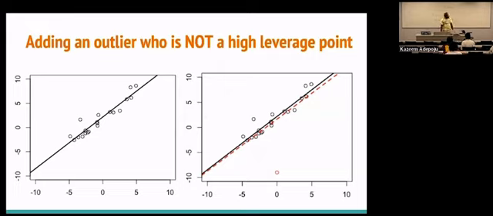But let me tell you this: not all outliers cause problems, and not all high leverage points cause problems. I'm going to walk you through how we can investigate whether a particular outlier is going to change the decision of a model or not.